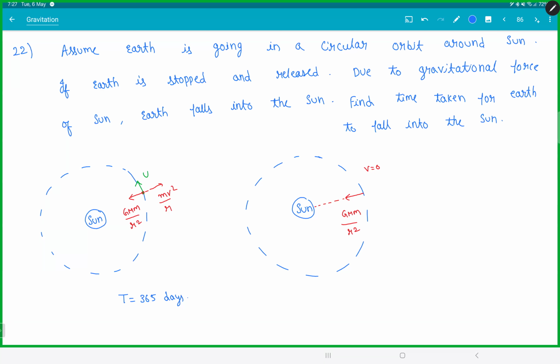I hope you're getting the question. If you're going with some speed V, initially the centrifugal force balance is there, but if you suddenly leave it, you will just go straight into the sun and collapse. How long will that take? I hope the question is clear. Give it a try.